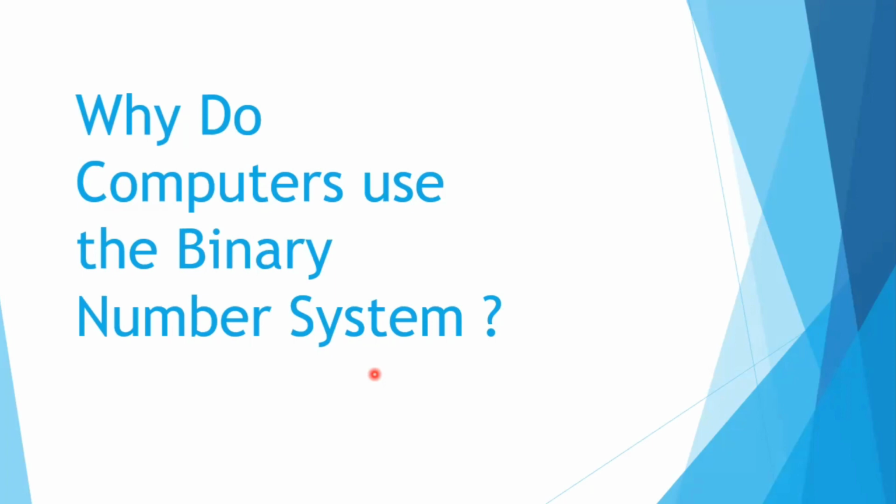And they would have to work a lot harder to process all these digits simultaneously. Whereas in the binary number system, it is a lot easier to compute, and it also takes up less space.